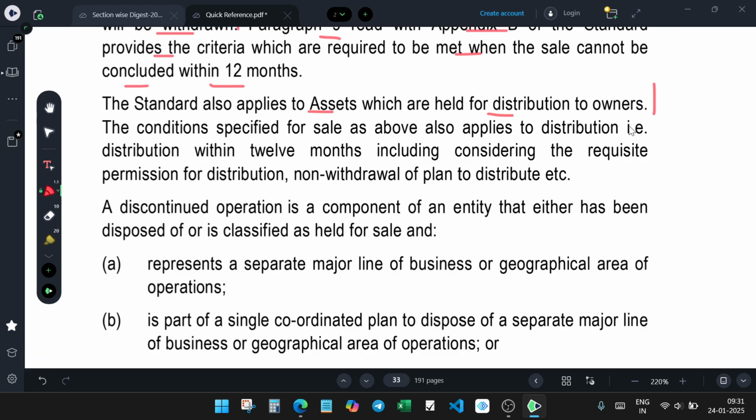Sometimes, in the liquidation state, the company has some asset they can't use or sell, but the owners are willing to take the asset or buy it. You can say on behalf of the shares, we can take this asset. They are likely to buy it, so that can also be used. This condition specified for sale as above also applies to distribution. That is distribution within 12 months, including considering the required permission for distribution, non-withdrawal of plan to distribute, etc.